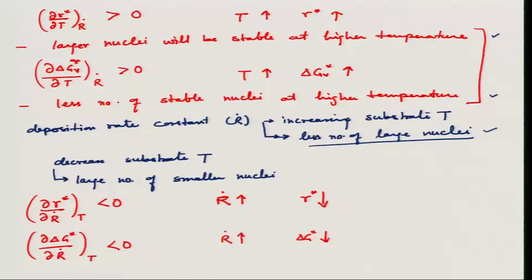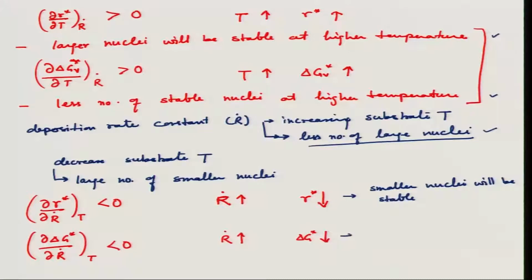is smaller. Now, what it means for the thin film: since critical radius is smaller, smaller nuclei will be stable.